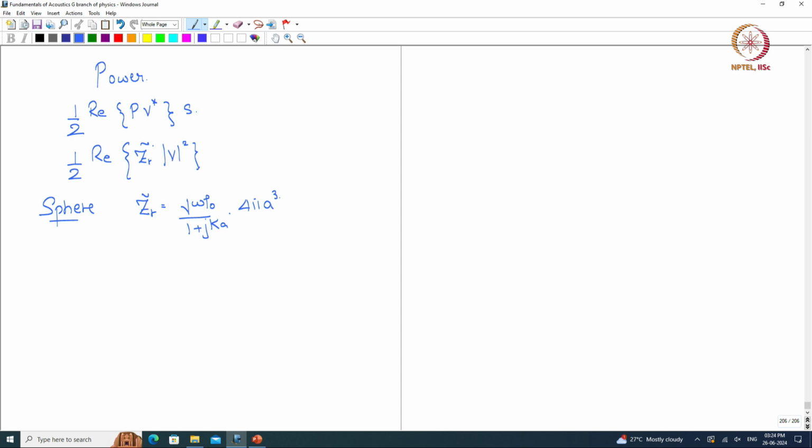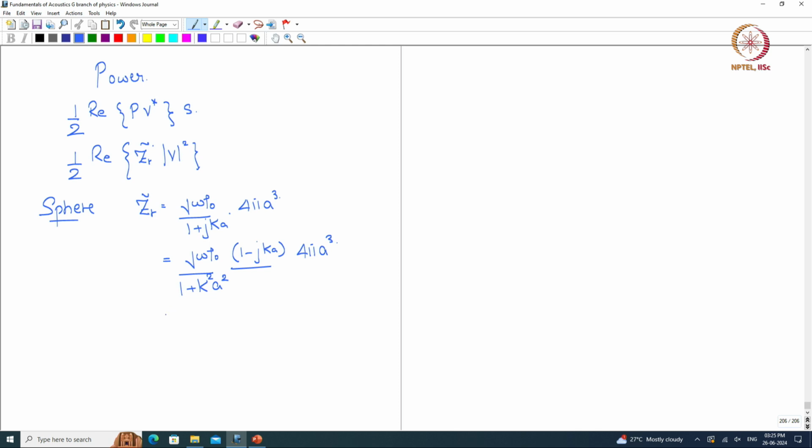So now we work on this, and what we do is we take j omega rho 0 into 1 minus j k a by 1 plus k square a square into 4 pi a cube.